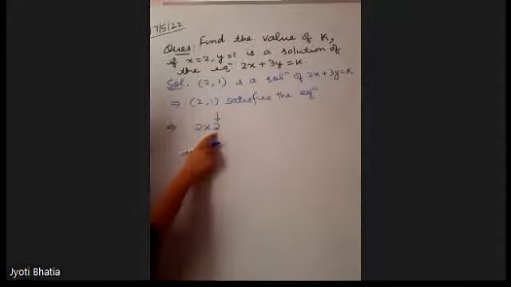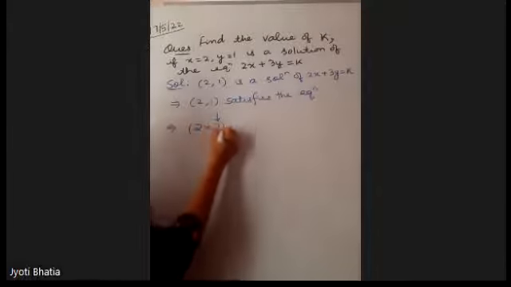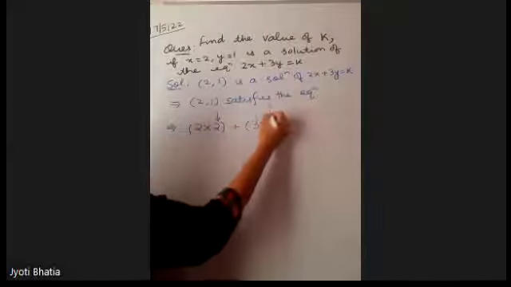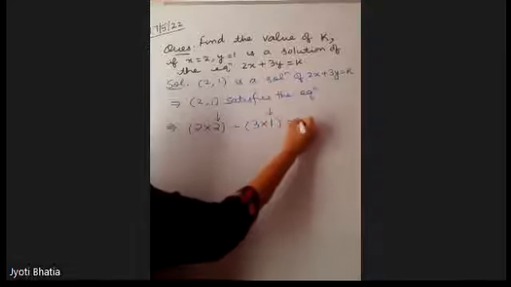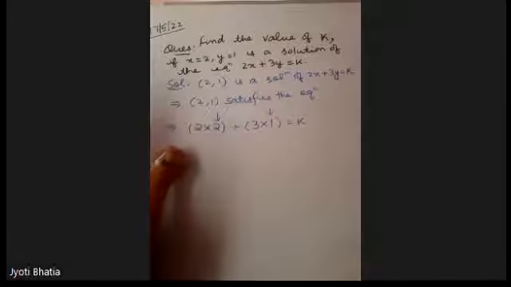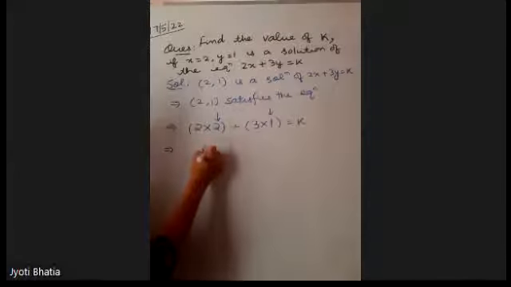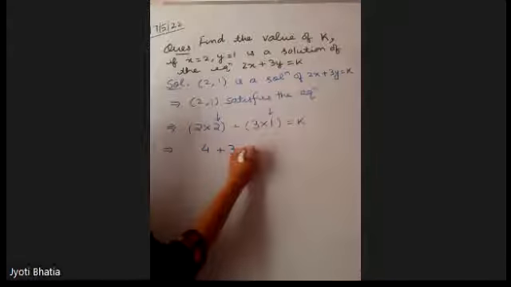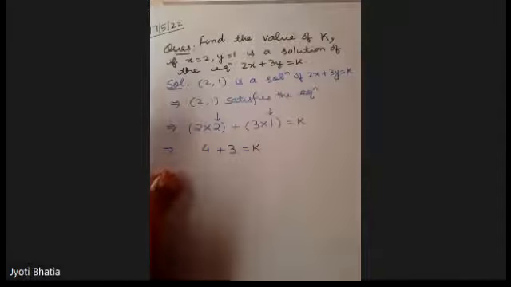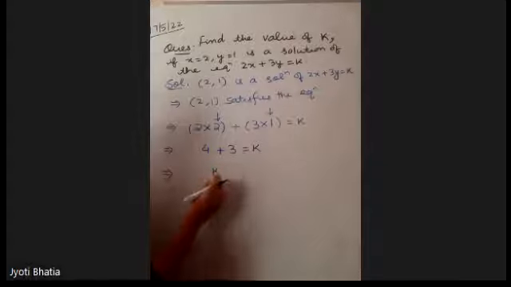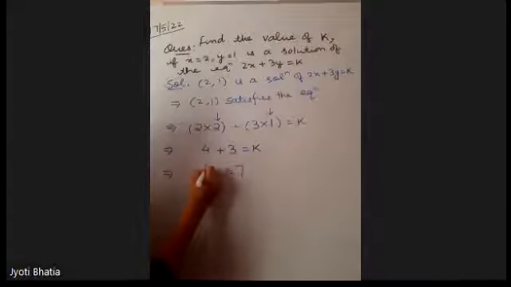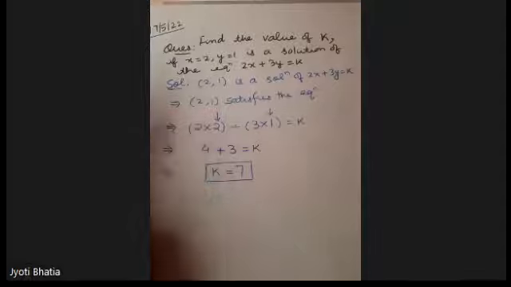At the place of x, what am I going to put? 2. And in the place of y, what shall we put? 1. Now what is 2 into 2? 4. Plus 3 is 7. In the final step, bring k on LHS. So the value of k is 7.